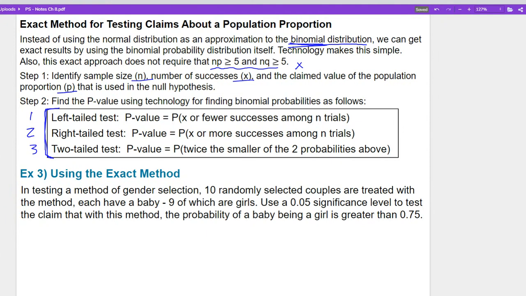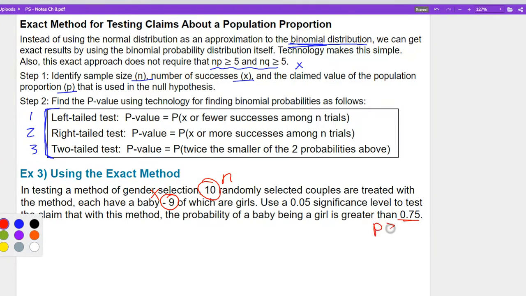In testing a method of gender selection, 10 randomly selected couples are treated with the method, each having a baby, 9 of which are girls. Use a 0.05 significance level to test the claim that with this method, the probability of a baby being a girl is greater than 0.75. So we can see that's n and that's x. And over here, that's your p number.